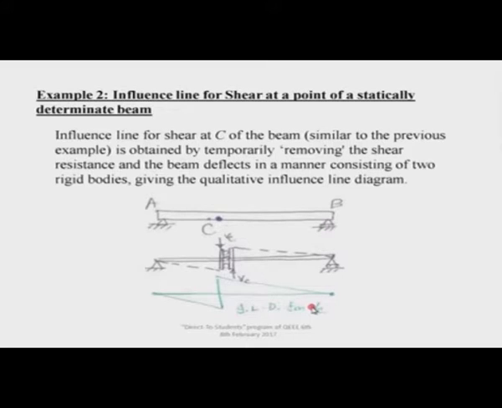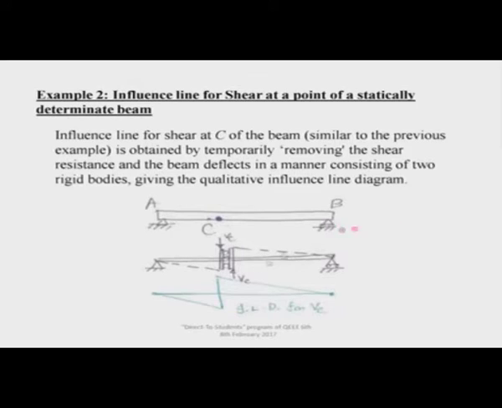You need to define the point where you are interested in determining the shear. So, let us say I am interested in determining the shear at C when a unit load moves here. That is my influence line diagram quantitatively, which we have done earlier.